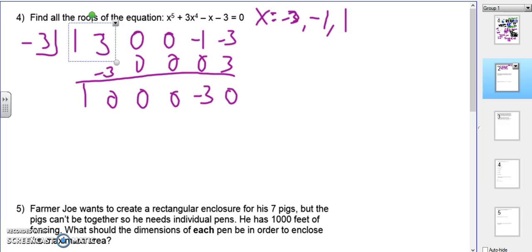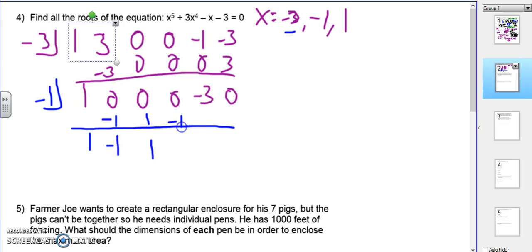Now, we're going to keep what we have, and I already did that root. I'm going to go with the next number, which is -1. Bring down the 1. Multiply, add, multiply, add, multiply, add. Did I make a mistake somewhere?